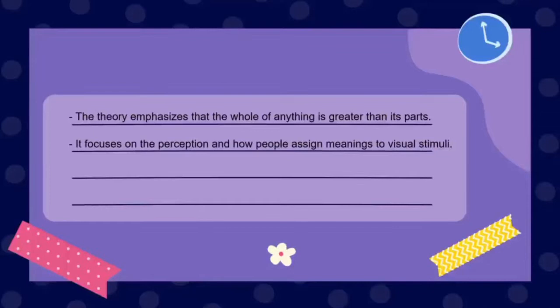It focuses on perception, on how people assign meaning to visual stimuli. Perception is our sensory experience of the world, like the sense of taste, sight, hearing. It is through this experience that we gain information about what is happening in the environment around us, through the light that enters our eyes.